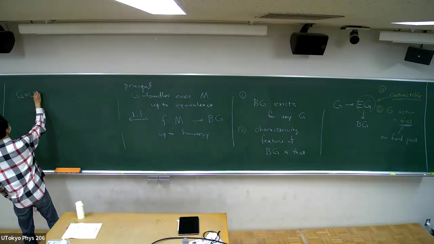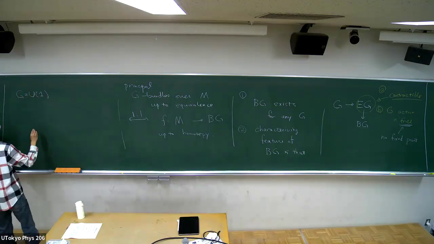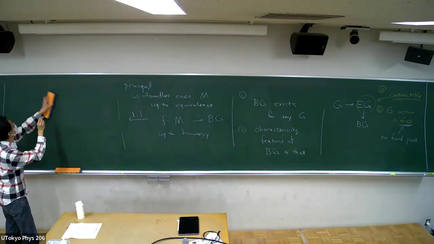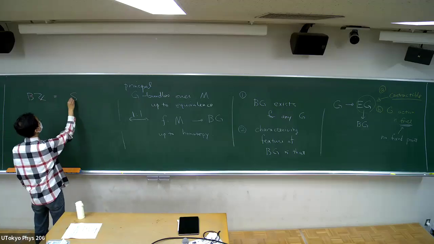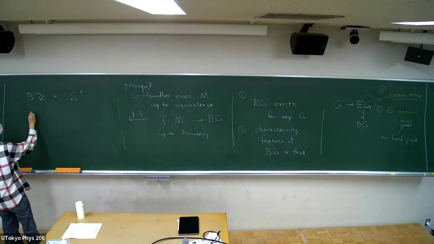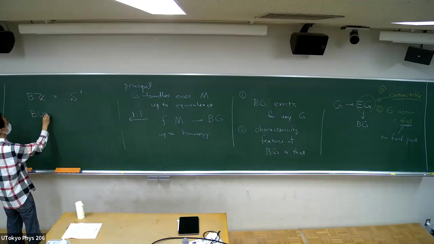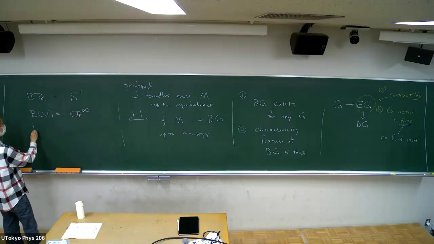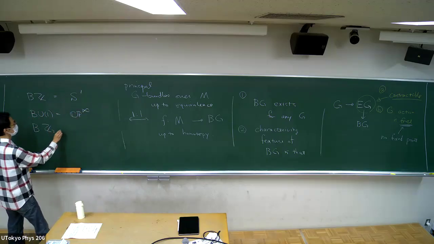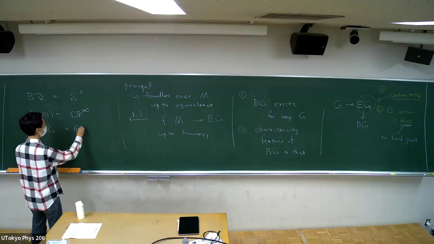I mean, we said BZ was simply S1. And the BU1 was CP infinity. And the BZ2 was RP infinity.